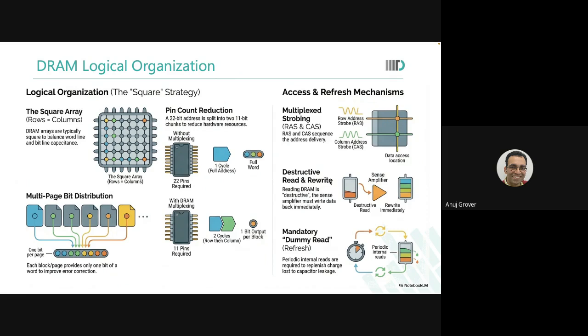So if you want to store 16 bits, you will have 16 such square arrays. In an SRAM, you have all the bits of a particular word in the same array. But that's not the case with the DRAM.